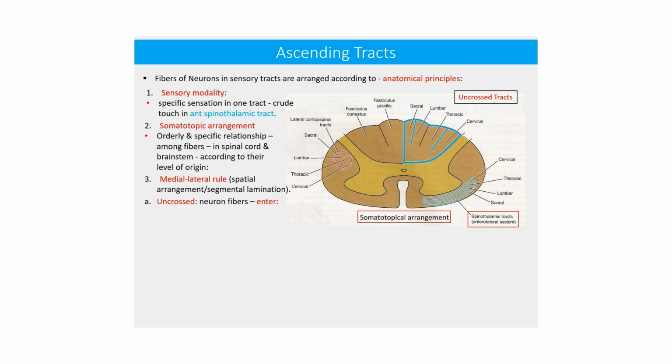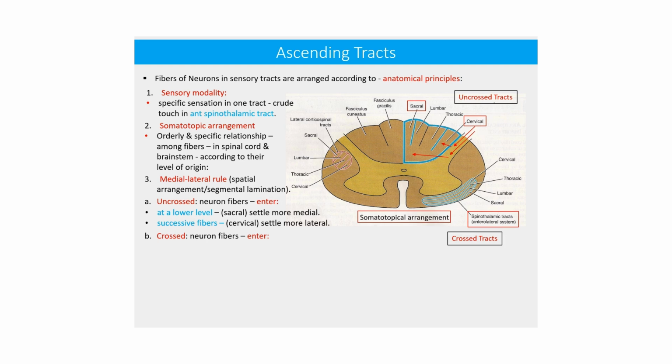In this group, the fibers are divided into two subgroups. First one, the uncrossed fibers, which enter at a lower level, such as sacral segments, lie more medial, and the fibers which enter at successively higher levels, for example, cervical segments, lie more lateral.